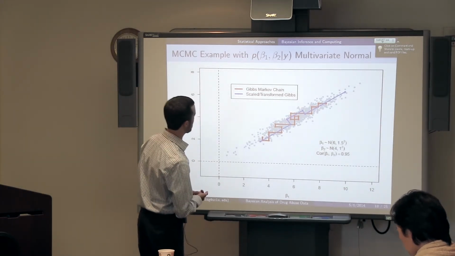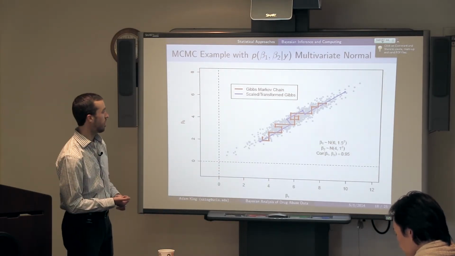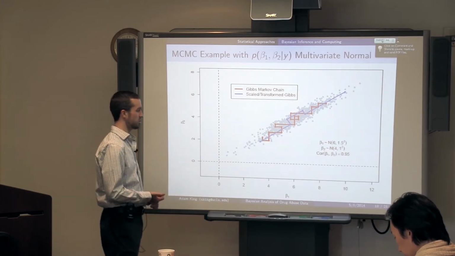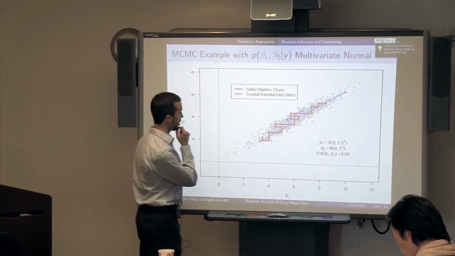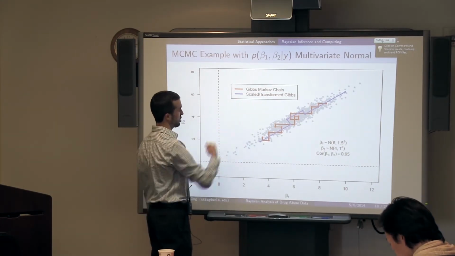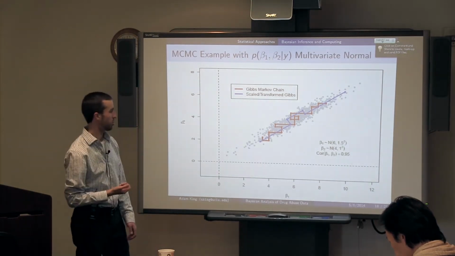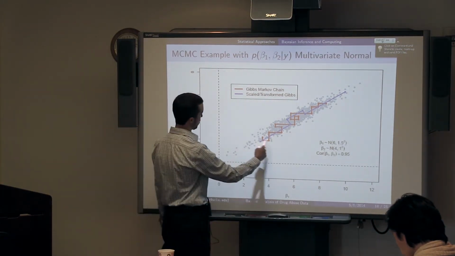So imagine you have a posterior distribution which has just 2 parameters, beta 1 and beta 2, and you want to obtain inferences from this posterior distribution. You can start one of these Markov chains using the simplest algorithm called the Gibbs sampler. And with the Gibbs sampler, it only allows you to modify 1 parameter at once. So if you're changing beta 1, you can only move left and right.